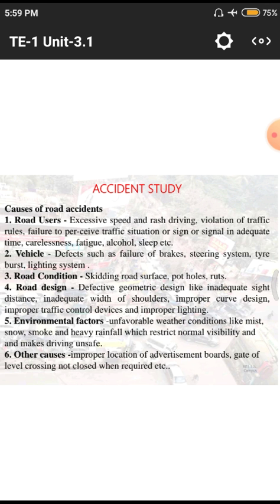There may be sudden stopping or moving of vehicles due to this frictional value. Why? Because friction is inversely related to accidents. That means if there is no friction, then if we apply the brakes there will be no stopping of the vehicle. After applying the brake also the vehicle simply moves for a particular span, and that also leads to accidents, due to improper judgment of our braking system.